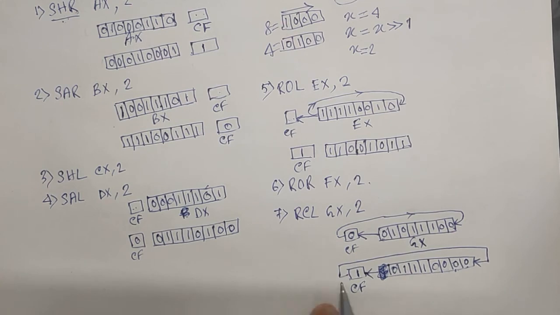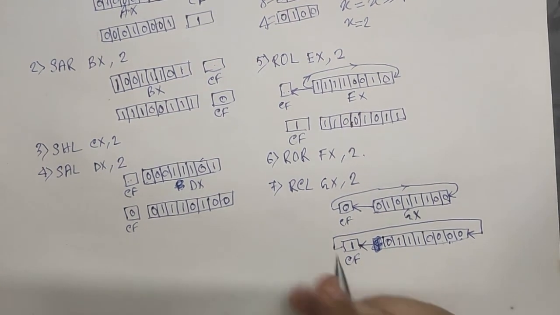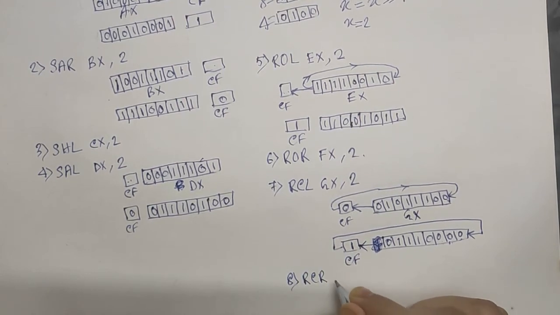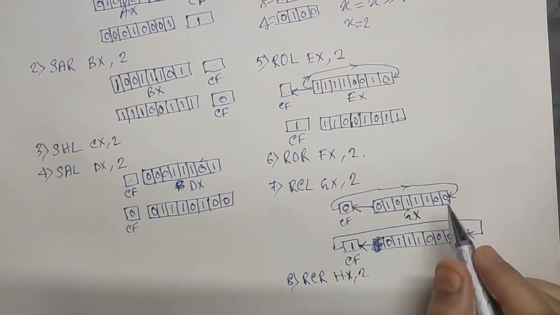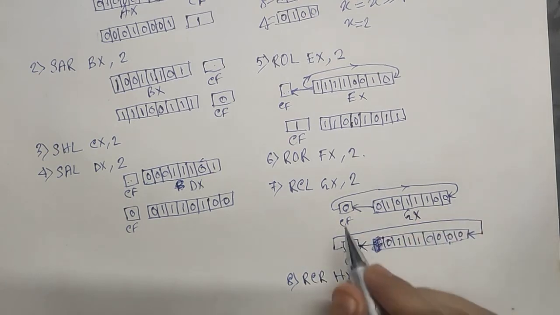And in that way we will also have another operation, rotate carry right, and suppose this is hx, 2. So you can also do this by yourself. Just take the carry flag on the right side and do the same operation.